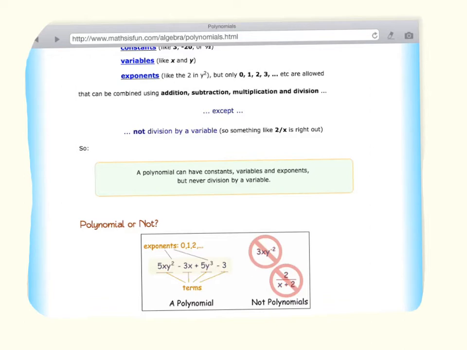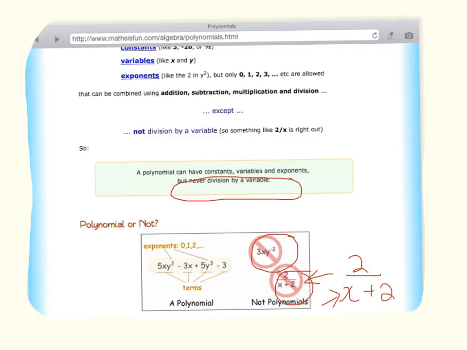But over here, you have terms that are not considered polynomials. This one is clear why it is not a polynomial, because it is being divided by a variable. And we said polynomials can never have division by a variable. And we have division by a variable right here.